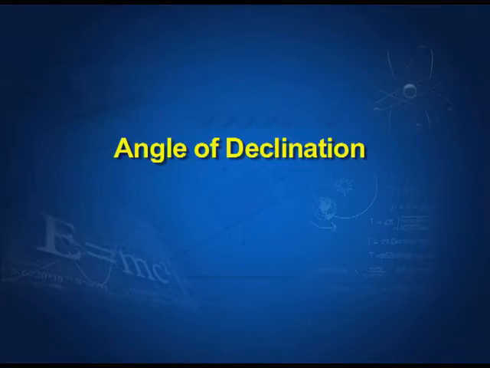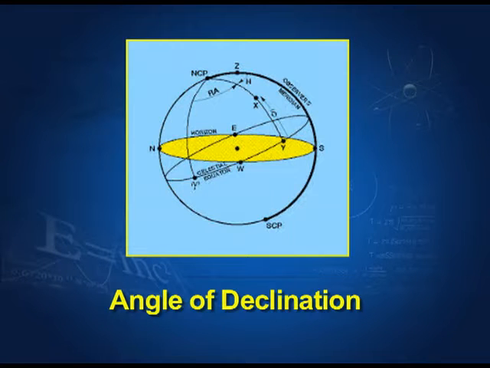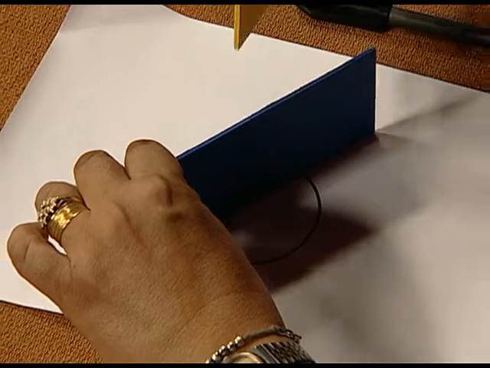Now, talking about angle of declination, first let us see how we can show it. Supposing I take a section and mark the slice from the center of the globe, and I have a north and a south here, which is my geographic axis, and supposing I also mark on it my magnetic axis, and I talk about the plane containing the two.